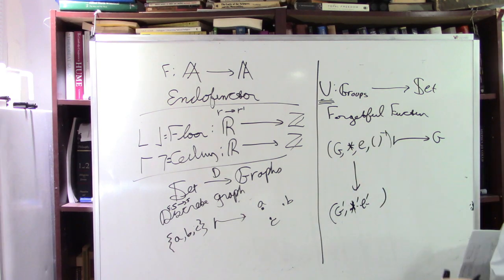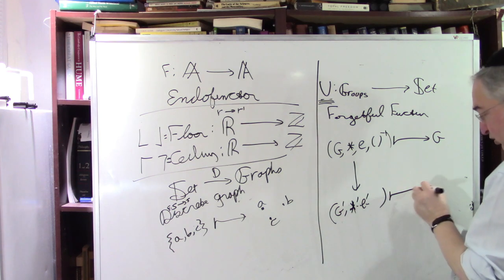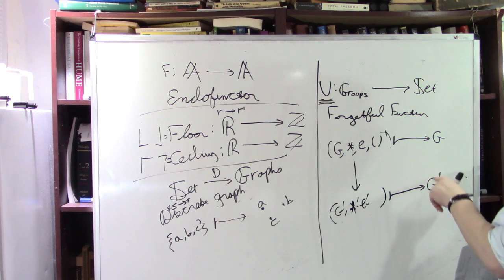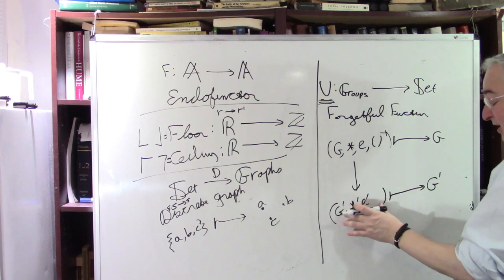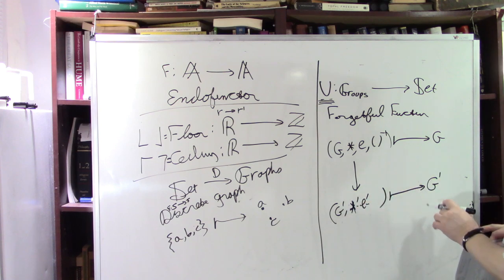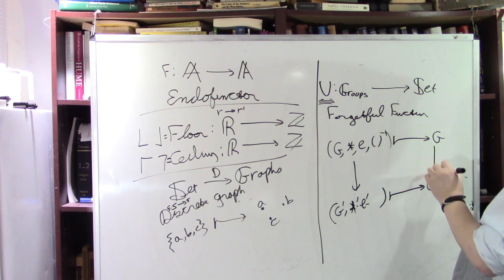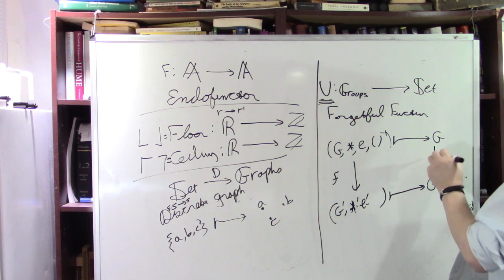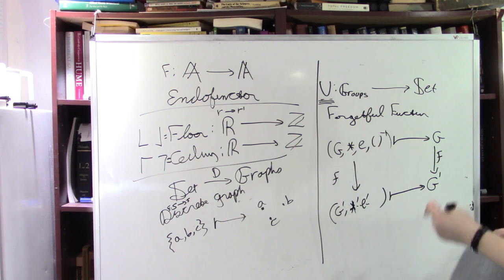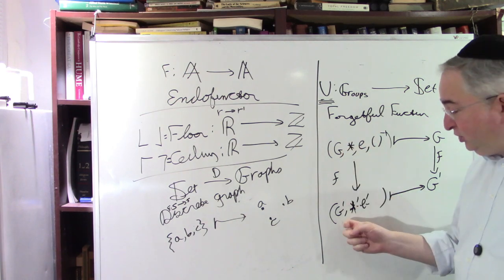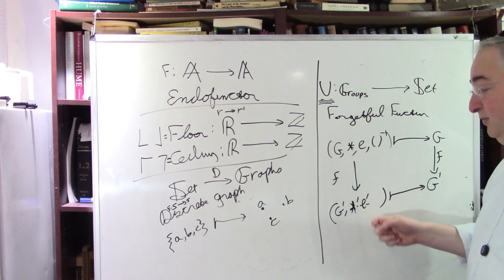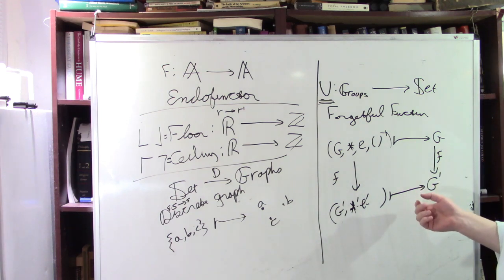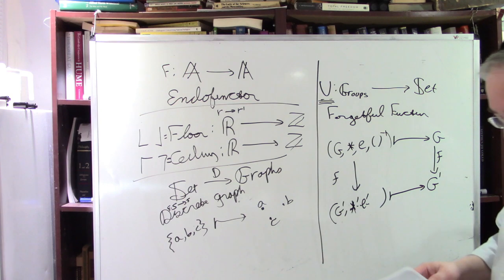Well, this is going to go to a set G prime, so it's going to forget the rest of the structure and just go to the set G prime. And guess what? If you have a group homomorphism like this, it's going to go to a set function. What's a set function? It's a function from a set to a set. So you have that.